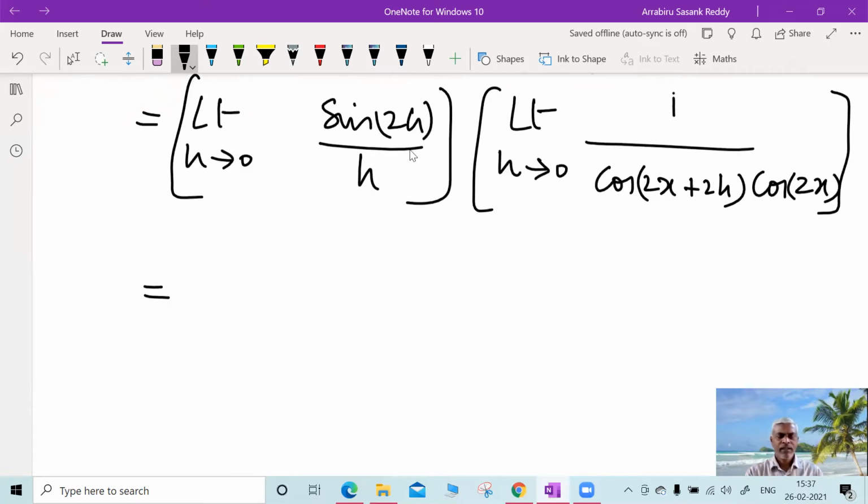The first one, sin h by h is 1, so sin 2h by h is 2. So for this, the value is 2.